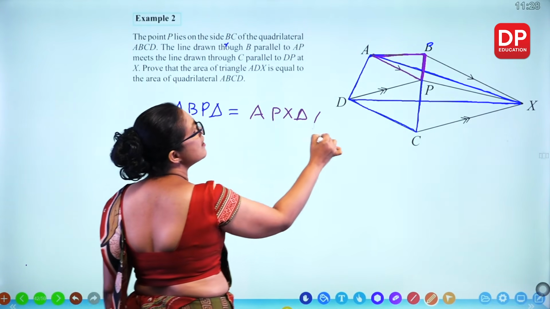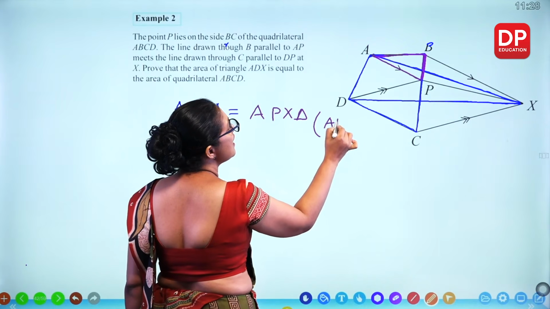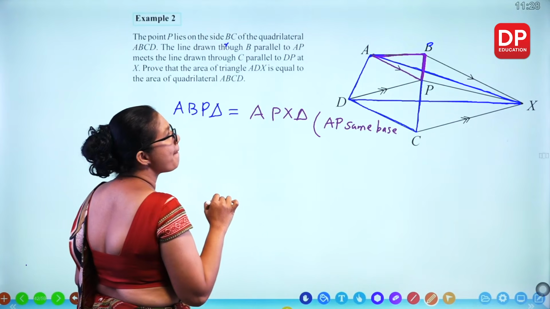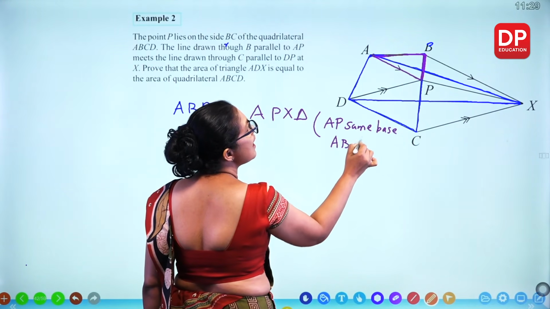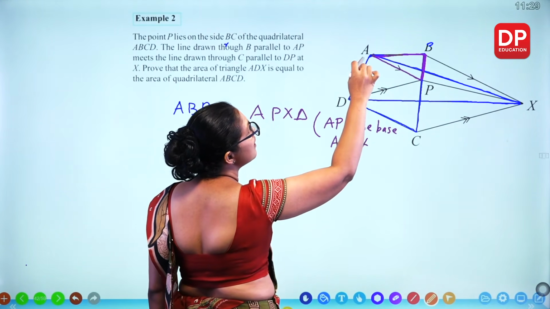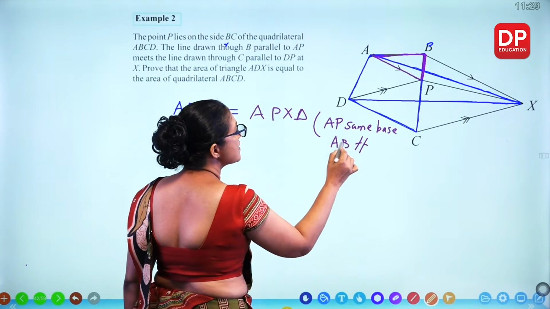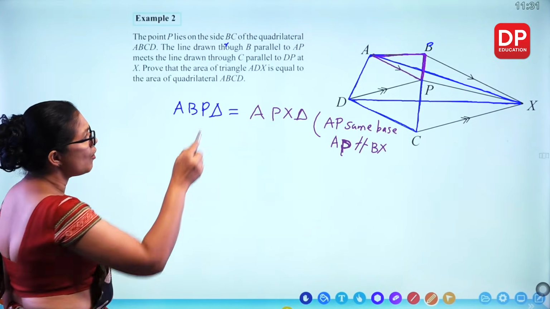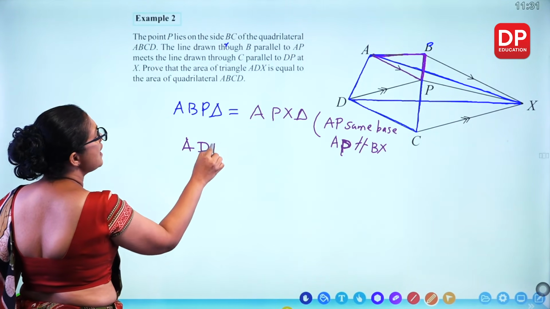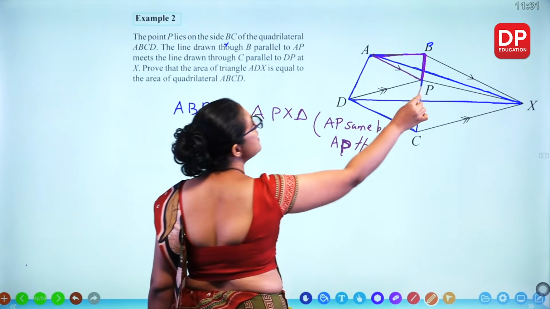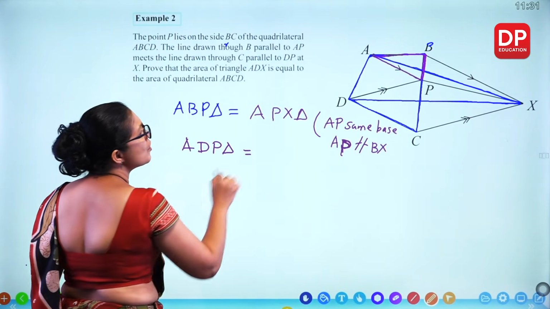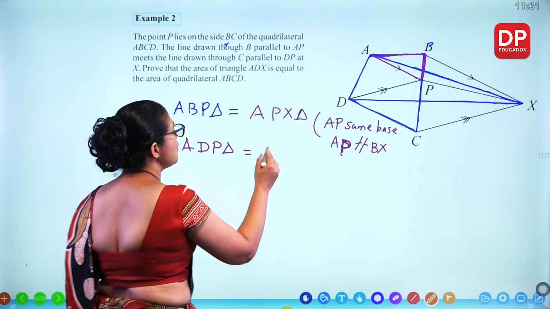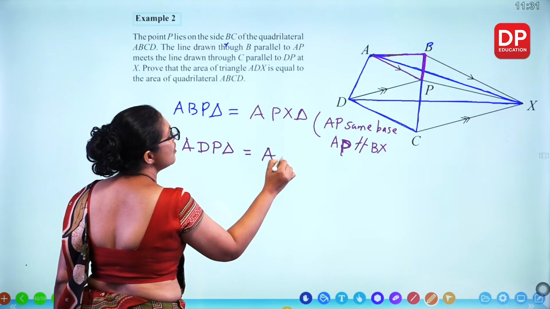APX triangle. We can say that AP same base and in between AB and in between these two, AP and BX, two parallel lines. Now we look at ADP triangle. When you take ADP triangle, try to find out another triangle there. We can't find, so I'm writing ADP is equal to ADP.